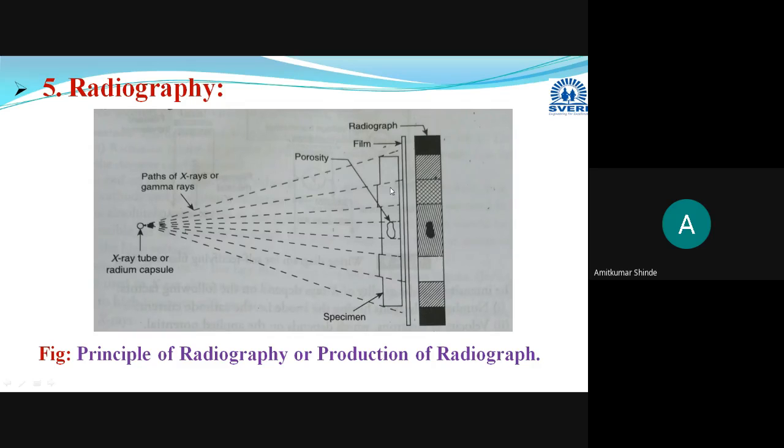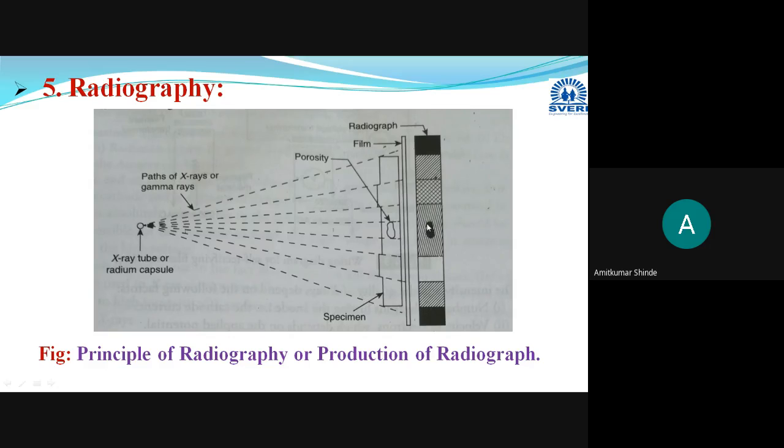Suppose in this case a blowhole is present here. Due to this blowhole, absorption of the waves will be very less. Due to that, at that particular area, one dark spot will be obtained on the developed film. At the location where any kind of defect is present, absorption of these rays will be in very small amount.